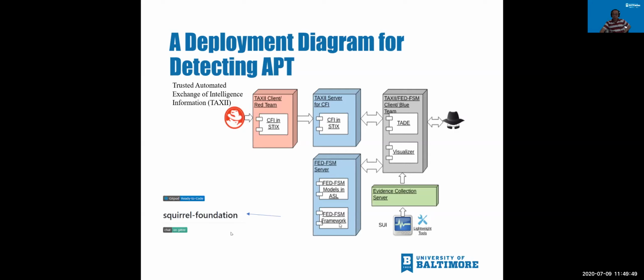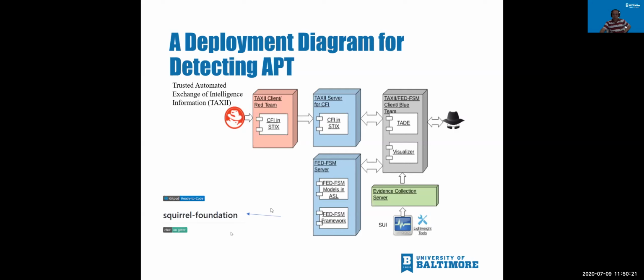Then we use the shared information and our state machine. We also take the evidence collected from our SUI, and this is our threat analysis detection engine, and we use the engine to detect whether there are any APTs.